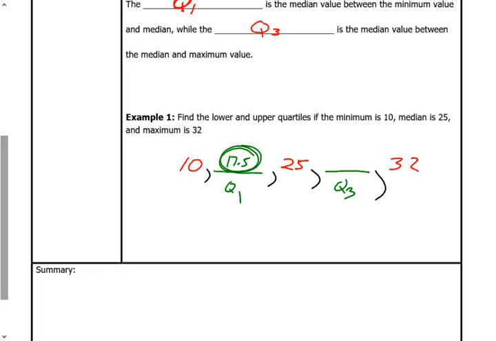And 32 plus 25, divide by 2, is 28.5. Those are the exact halfway points between those two values. Now, this is only the beginning. Remember, we're going to actually find these values, so we're going to list the values least to greatest and actually circle it. This is what you do when you don't have it: you find the average between the two.